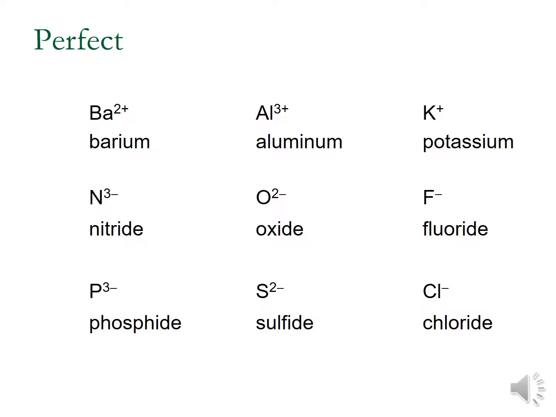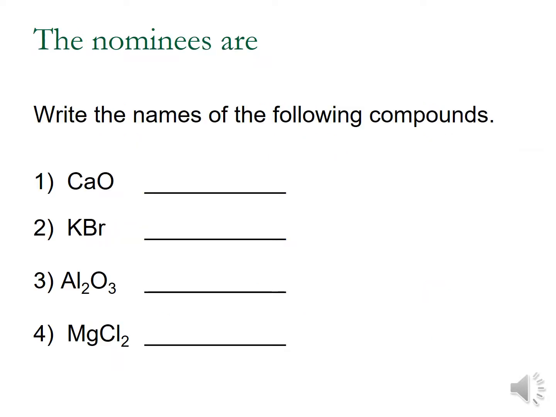Now these next 2 lines are all negative ions, so we need to change their ending to "ide": nitride, oxide, fluoride, phosphide, sulfide, and chloride. Nitrogen, oxygen, fluorine, phosphorus, sulfur, and chlorine. Nitride, oxide, fluoride, phosphide, sulfide, and chloride.